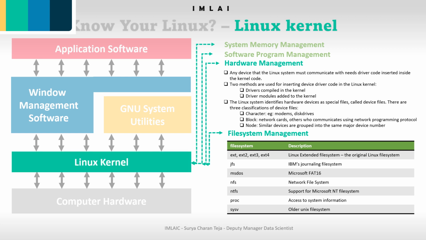Whereas NTFS is support for the Microsoft NT file system. What is Microsoft NT? Microsoft NT is a kernel for Windows. Then proc, access to the system information, and MS-DOS, Microsoft FAT16. These are all different file systems that can be supported by the Linux kernel.